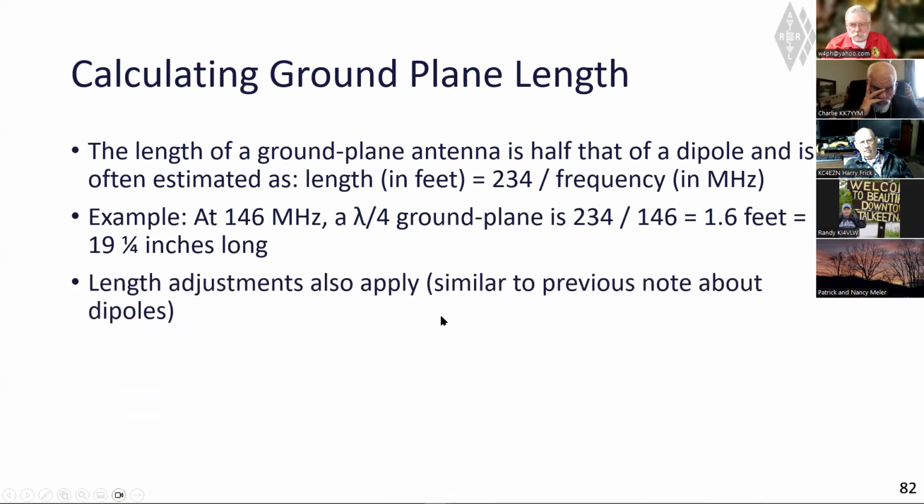Length adjustments also apply. Usually when you buy a quarter wave mobile antenna, it'll have a set screw so you can take that radiating element out and trim a little off of it to adjust it down to your frequency. If you buy something like that, check it. Don't assume that it's right.